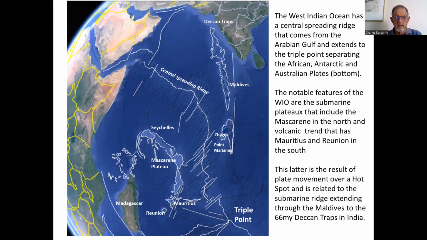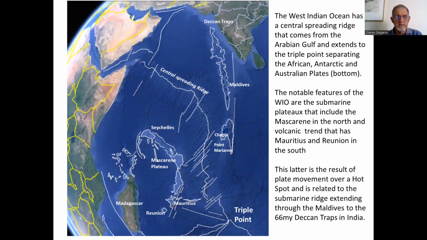One would normally expect it right down near Point Marianne, but there is a complication here because that trail of hotspots, liken it as you will to the Hawaiian chain of seamounts, is actually related to the run that ends at Reunion today and through Mauritius. That trend running northward in the bottom of the diagram at 6 o'clock is also a line of extinct volcanic seamounts, except for Reunion, which is the active volcanic point above a hotspot today.